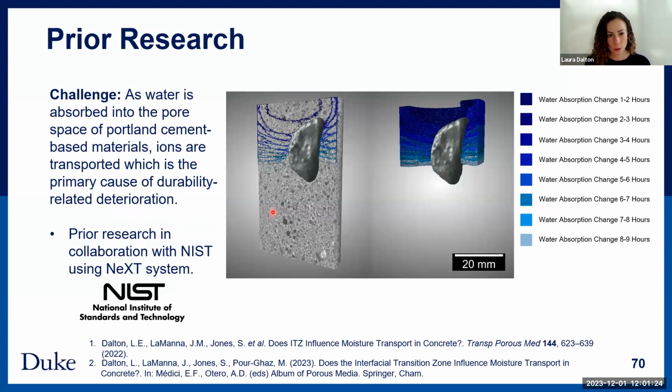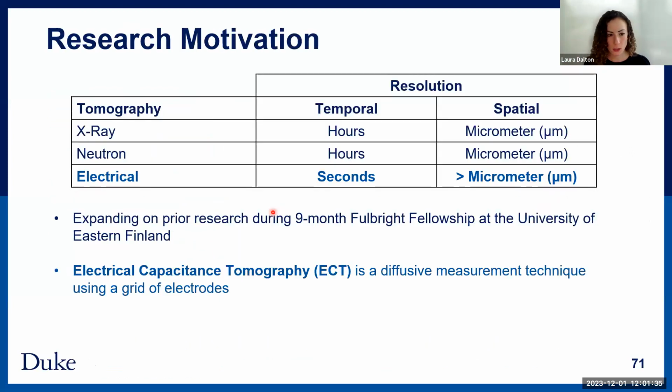But just like I mentioned before, we were looking at this transport of CO2, or sorry, of water in our system with X-ray and neutron, but there were clearly some limitations. So we wanted to now study in the context of electrical capacitance tomography and really push the temporal resolution, because up to now, for the experiments I've done, it was mostly around 30 minutes to an hour, and then resolution in the micron area.